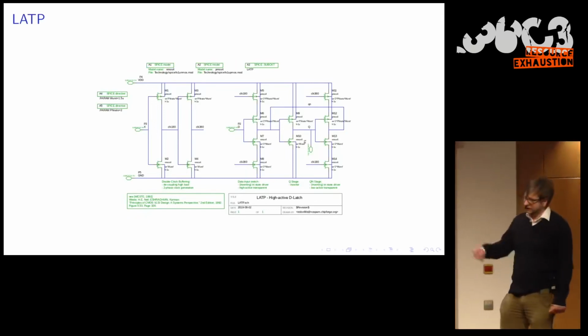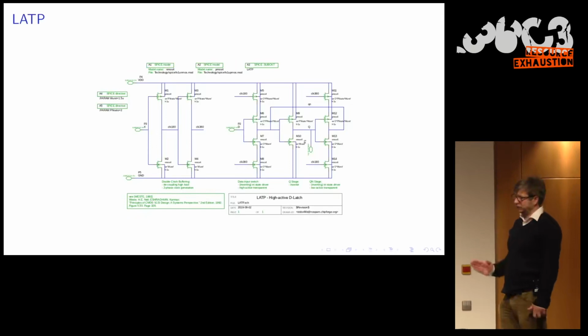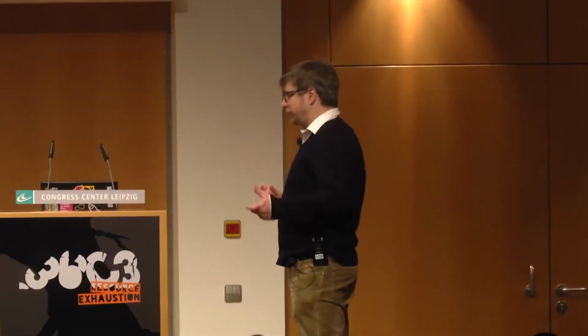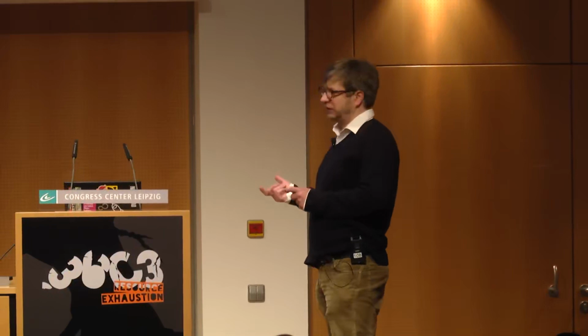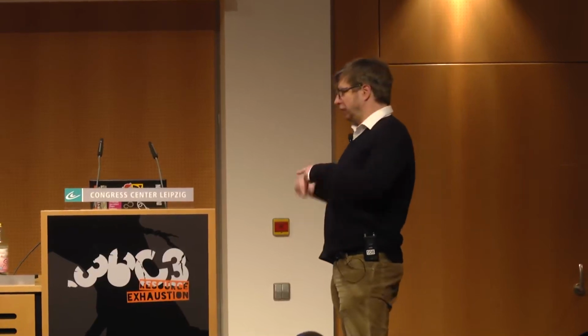In addition to it, there are flip-flops. They are triggered by the rising edge of the clock. In principle, a flip-flop is nothing else than two latches in series. If I have a low active latch at the first stage, then I can make a flip-flop.